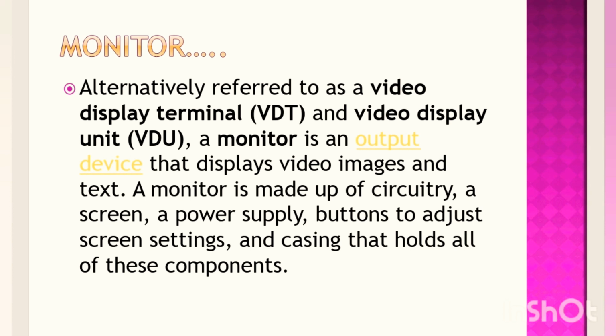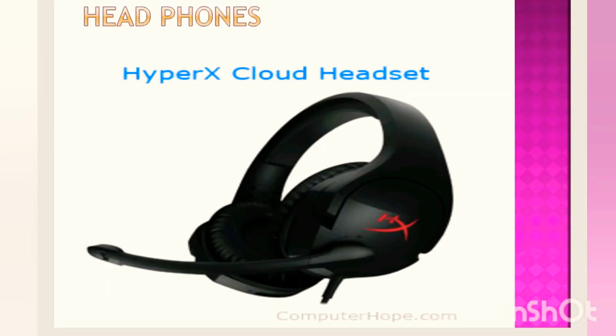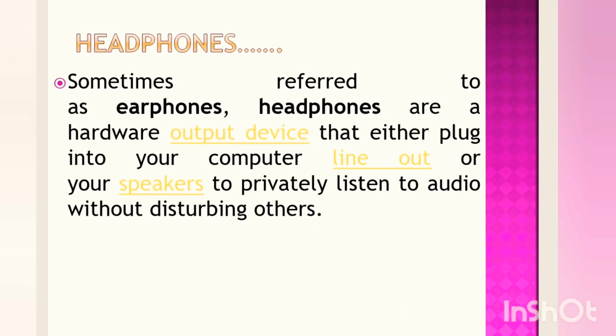Next output device we are going to see is headphones. Nowadays all of you have headphones, right? This is the picture of headphones, in case you haven't seen them before. Headphones are also known as earphones.